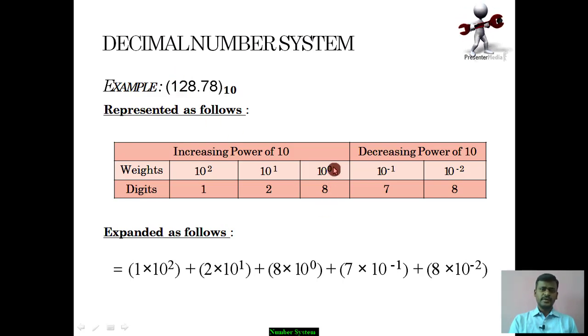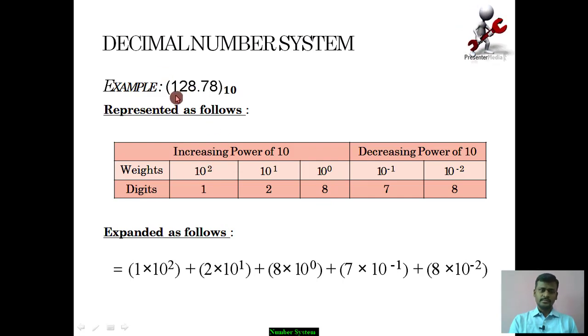So these weights will be assigned like this. We can see here for 8 we have written 10 raised to 0. 0th power is assigned here for 8, because we are using base 10 as we are converting the decimal numbers. So we will use 10 raised to 0 for 8, 10 raised to 1 for 2 and 10 raised to 2 for 1.